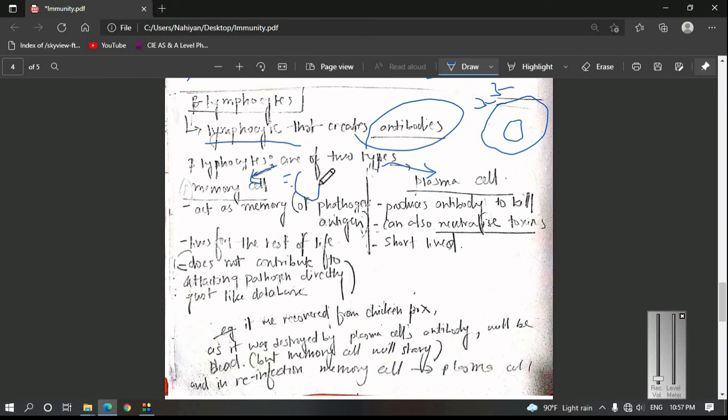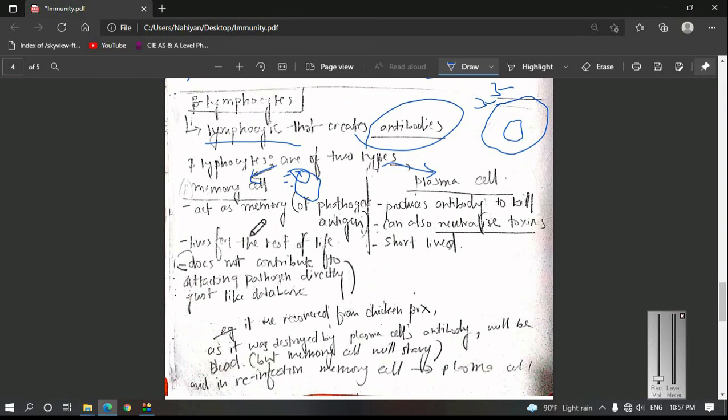For example, chickenpox. Once you are caught with that, they remember it, and the next time, if you are caught again, they can easily identify it and produce a lot of plasma cells from the memory cells.